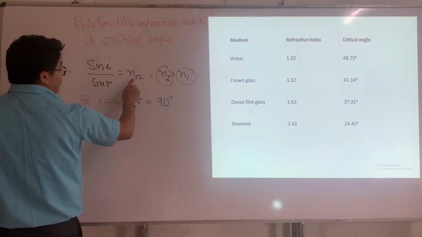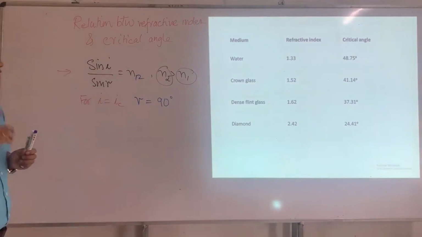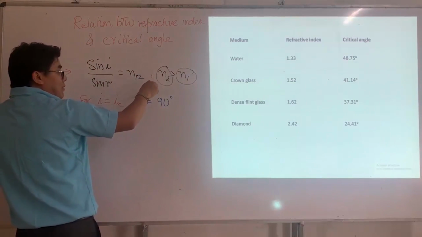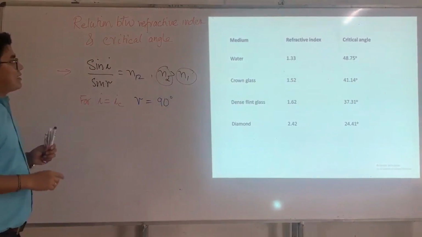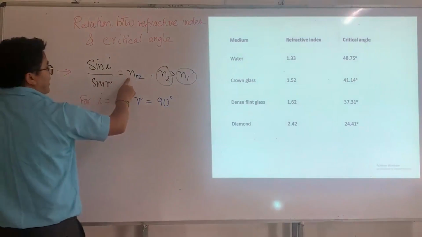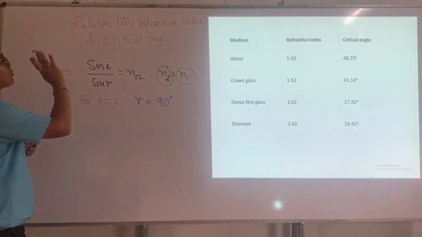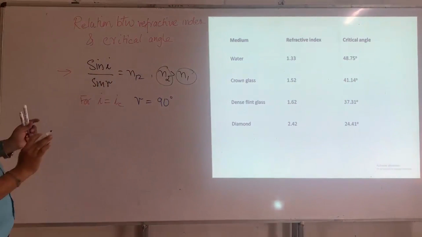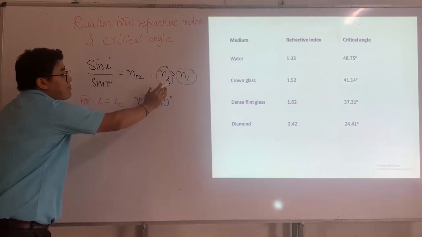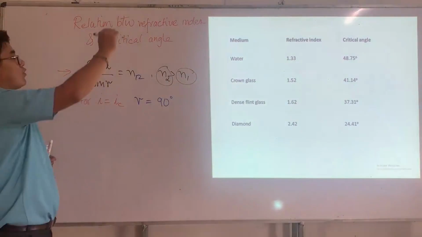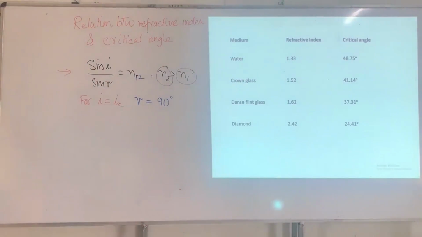That is why I put 12. Again, since light goes from medium 2 to medium 1, it is n12. For total internal reflection, light has to come from the denser medium and go into the rarer medium. You should keep that in mind.